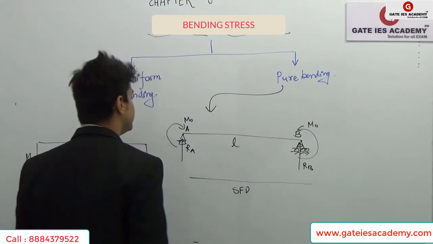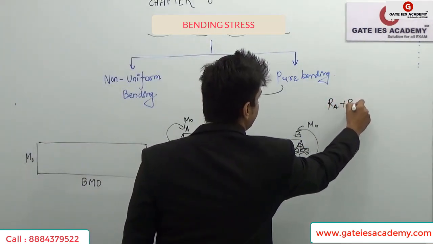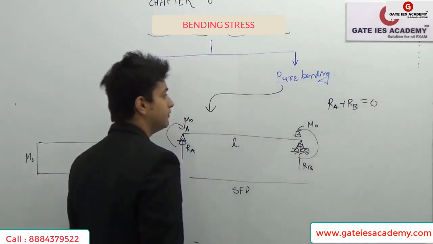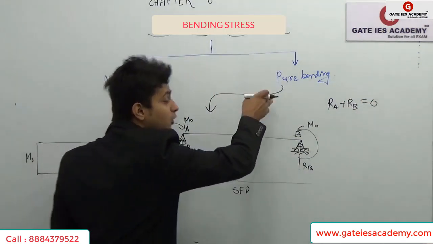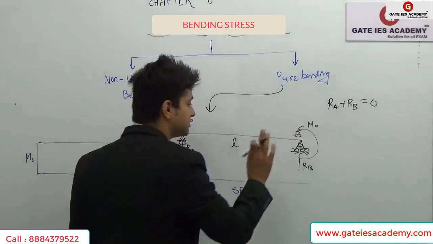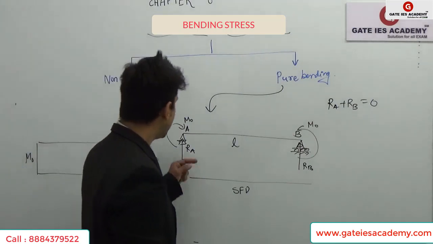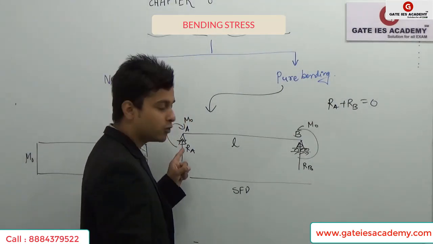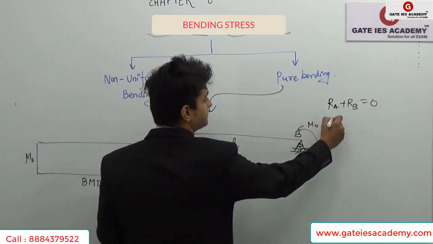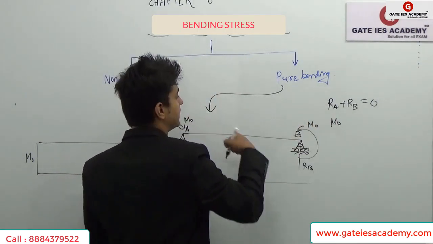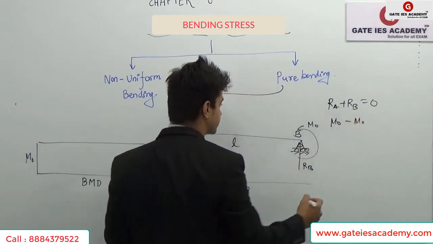The first equation will be RA plus RB equals 0. That's it. The second equation: because no external load is acting, we have external moments but no external loadings. Taking summation of moments at point A equal to 0, M0 is clockwise, which I'm taking positive, and the other is anti-clockwise, minus M0.